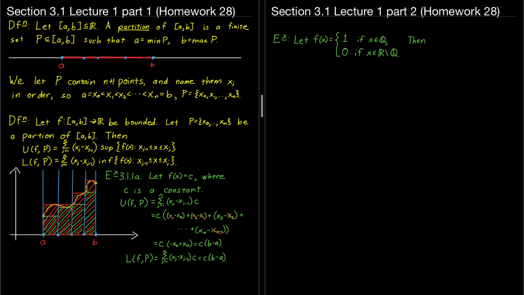Then if xj minus 1 is less than xj, then there is a rational number between them, and an irrational number between them as well.